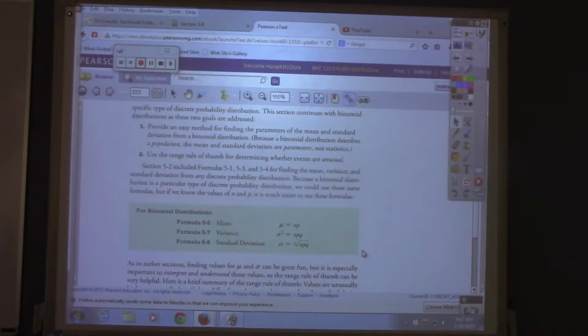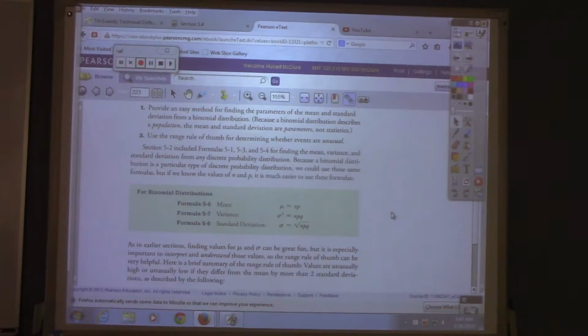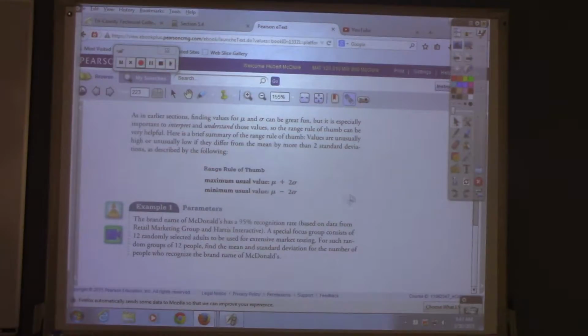So N and P is all you got to find in the equation, and then plug and chug. Look at that. It says the brand name of McDonald's has a 95% recognition rate, based on data from retail marketing groups and Harris Interactive.